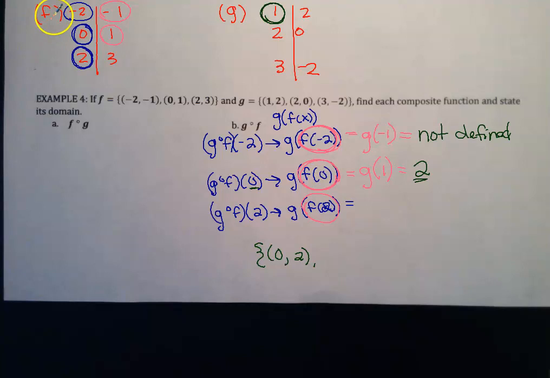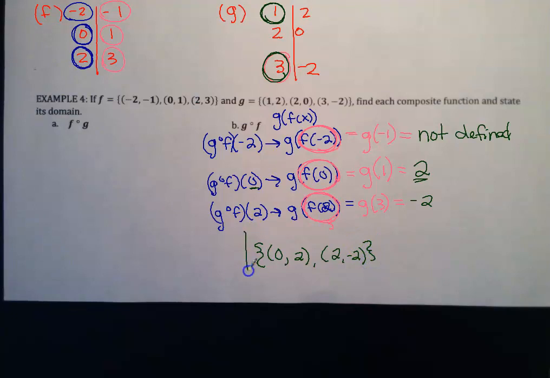So in my f function, when my x is 2, what's my f of x? 3. So I'm going to replace this with the number 3. So g of 3. Okay, Brandon, what is my g of 3? -2. That was quick. You were ready. So my x was 3, and my g of 3 is -2. Brandon, what's that make this ordered pair? 2, -2. Rockstar. And that's it.